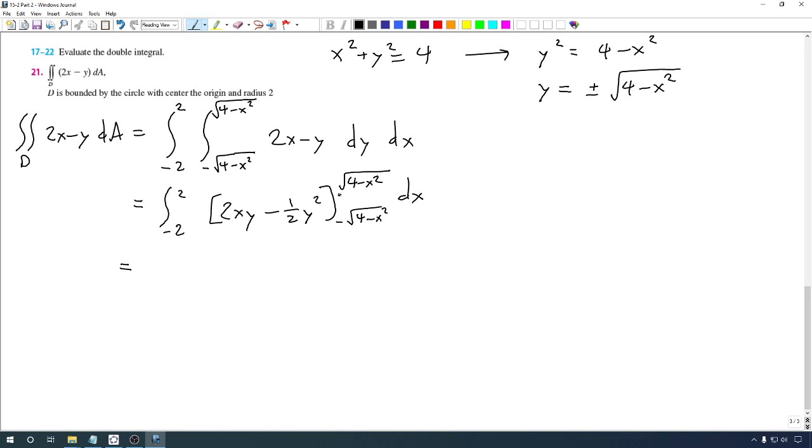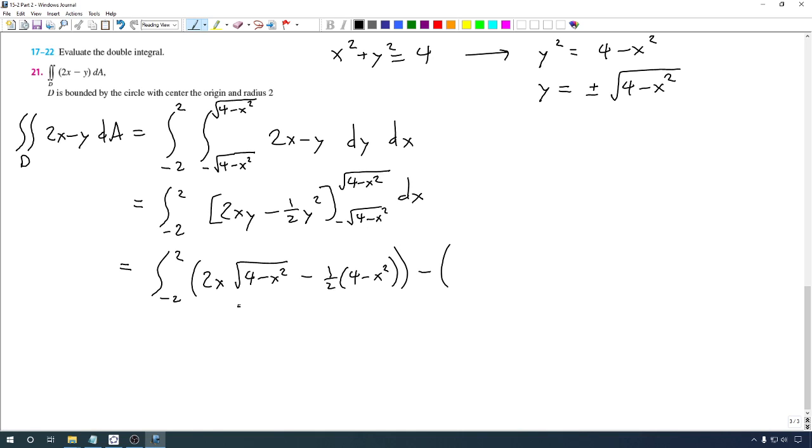So first we plug in the top square root into both of those. So we'll have 2x square root of 4 minus x squared minus 1/2 of that thing squared. Well, that thing squared is just 4 minus x squared. Then we subtract what we get when we plug in negative square root of 4 minus x squared.